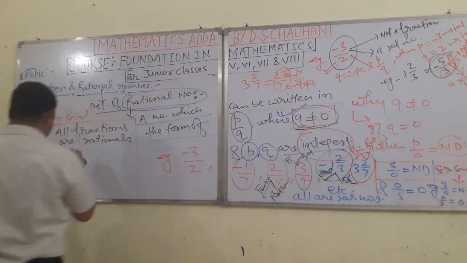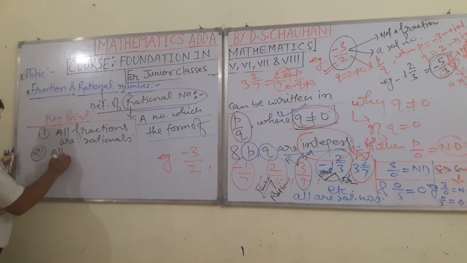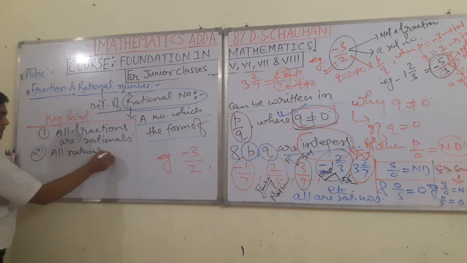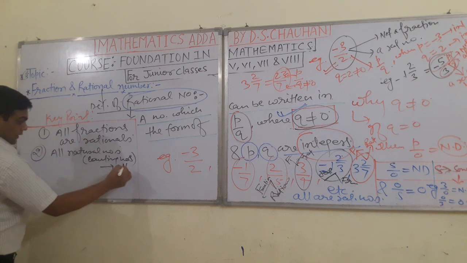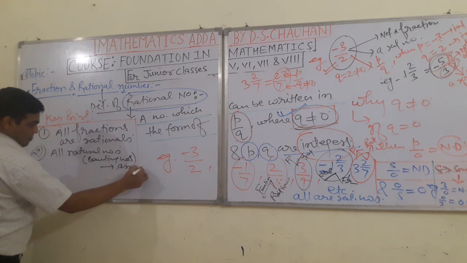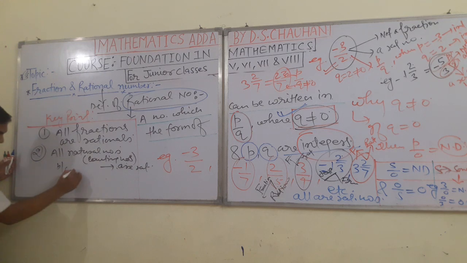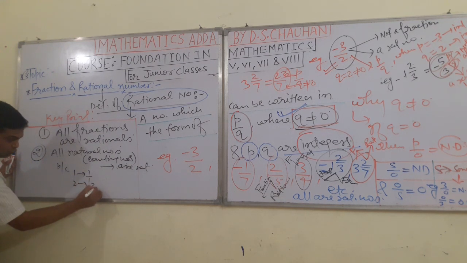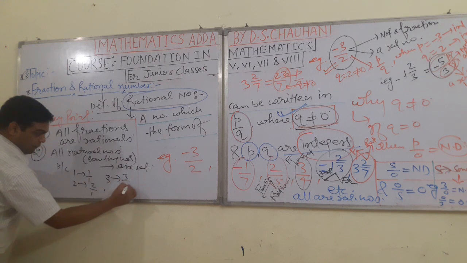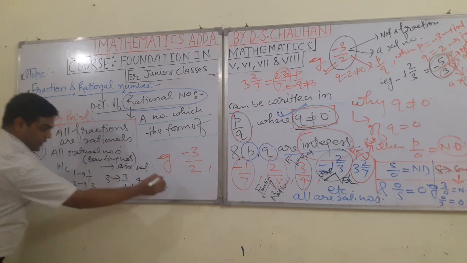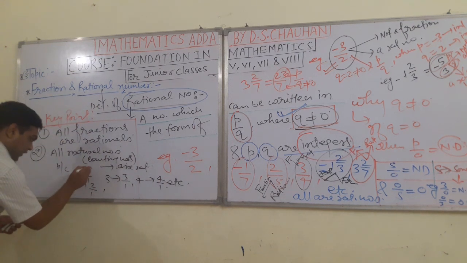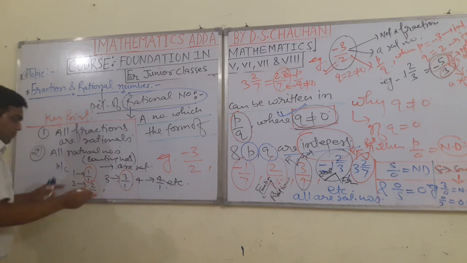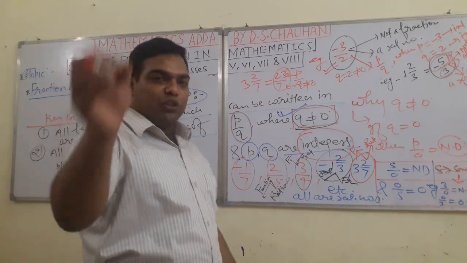So remember, all natural numbers, that means counting numbers, are rational, because 1 can be written as 1 by 1, 2 as 2 by 1, 3 as 3 by 1, 4 as 4 by 1, etc. So all these numbers are in the form of p by q, where p and q are integers and q is not equal to 0.